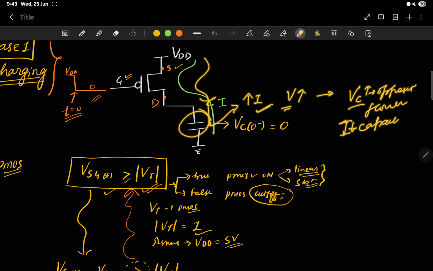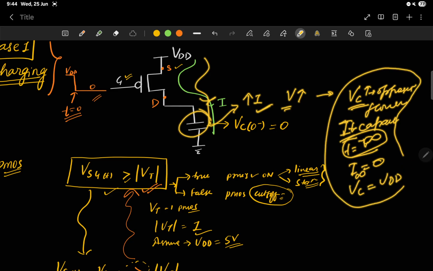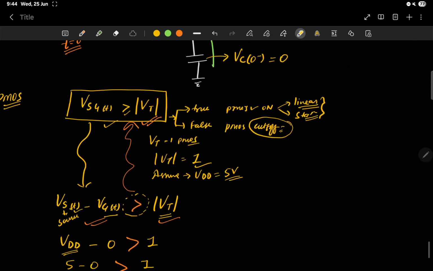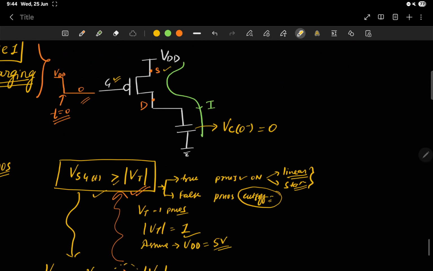Voltage will increase but current will decrease, and at t equals infinity the current in the capacitor will be zero and the voltage will be VDD. So there is no problem in charging the load capacitor through PMOS. That's why we use this.